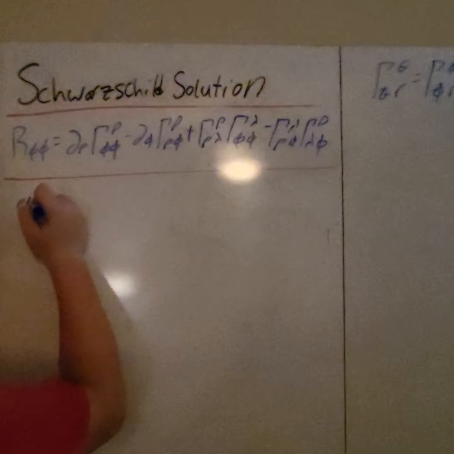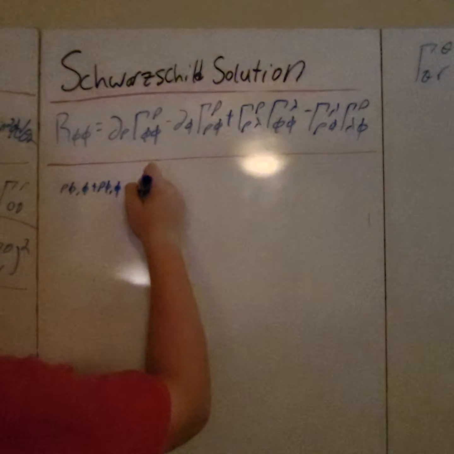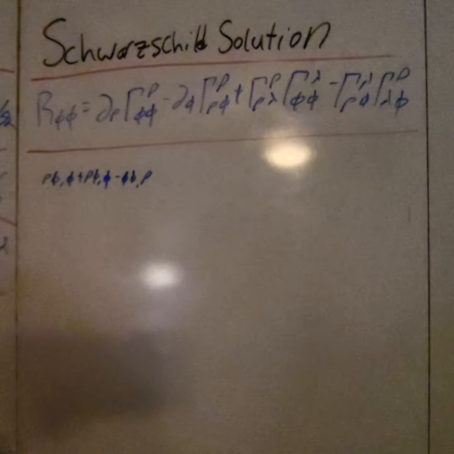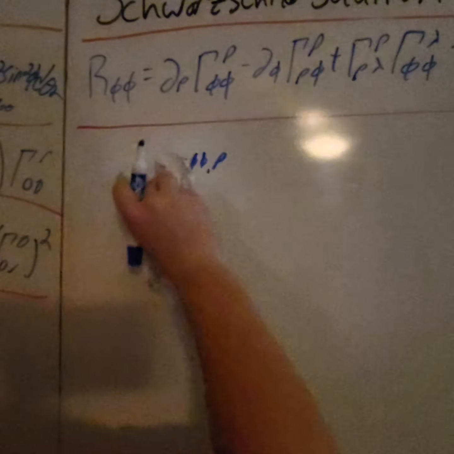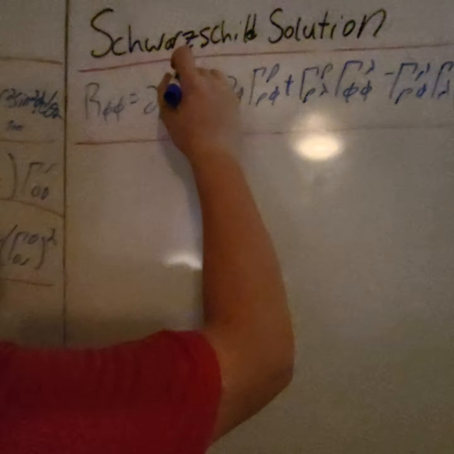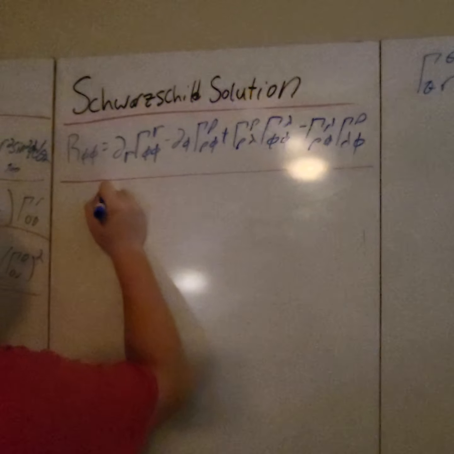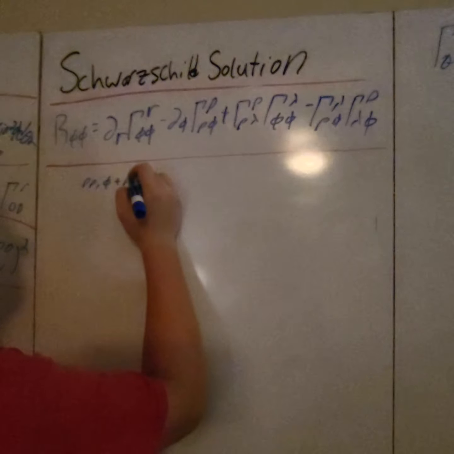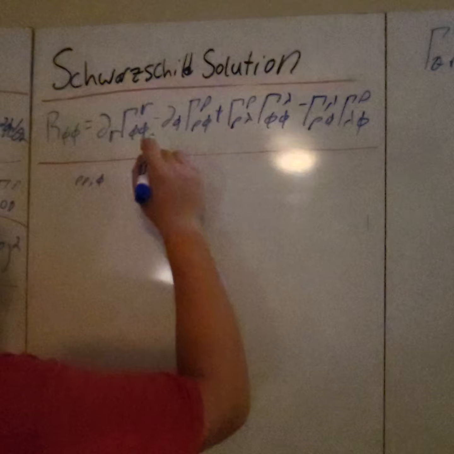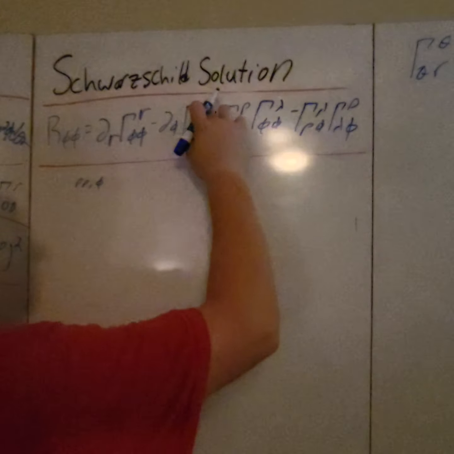Okay, so P. None of the terms have any dependence, and it's only dependent upon R. So we're going to do R. P. The only component with any phi dependence is the theta.